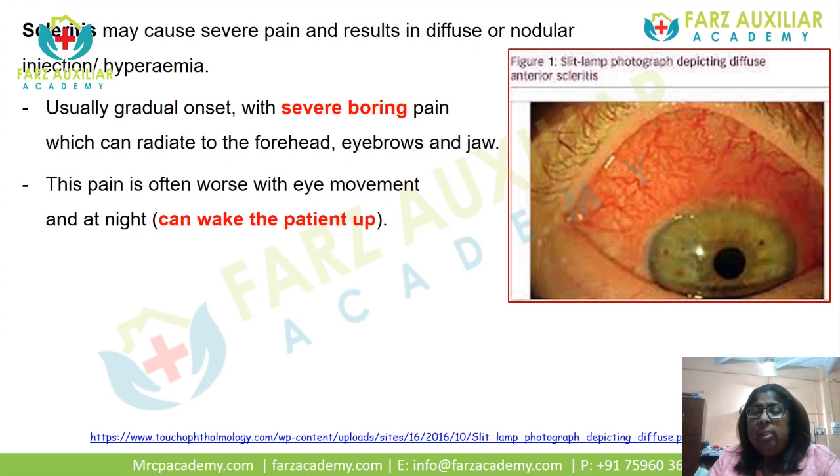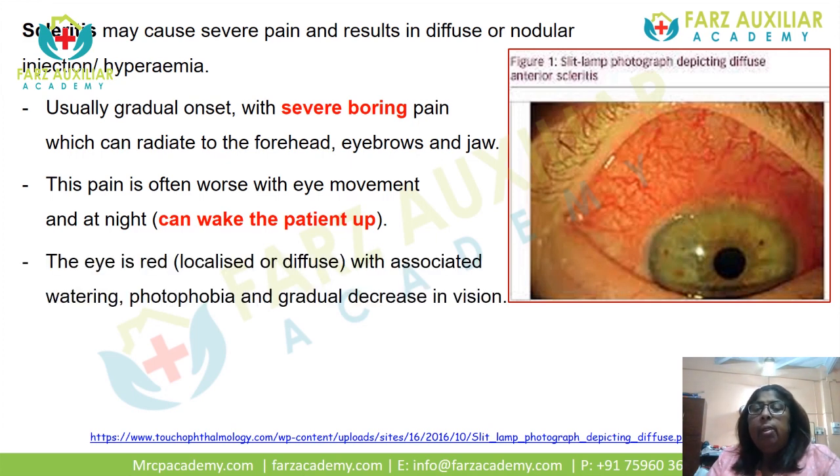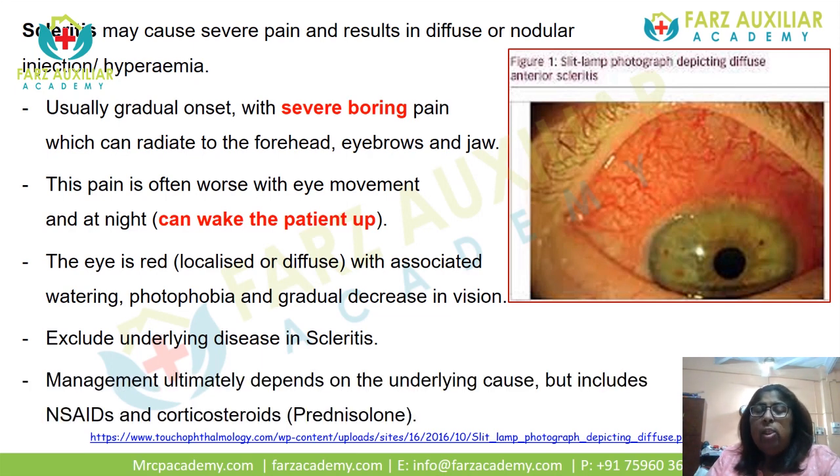The eye is red, which may be localized or diffuse, with associated watering, light sensitivity and gradual decrease in vision. We must exclude underlying disease in scleritis. Management ultimately depends on the underlying cause, but includes non-steroidal anti-inflammatories and corticosteroids.